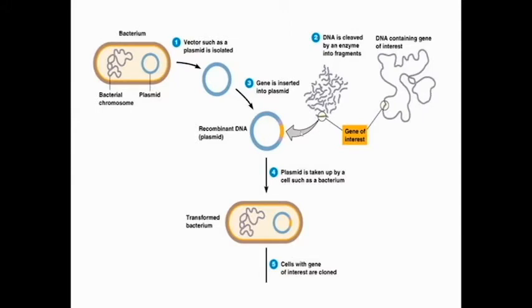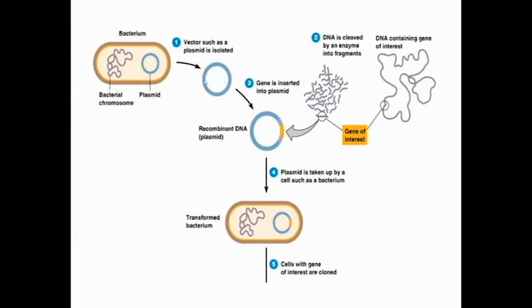In the meantime, scientists have already isolated a plasmid, which is a circular DNA that can be reproduced in the cell. All right, so they isolate the plasmid DNA, and then that can be a vector. Vector basically is a vehicle that can carry a piece of foreign DNA.